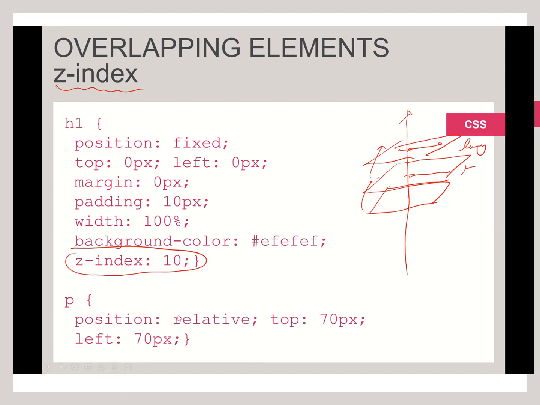All the paragraphs have the same relative layout. So that means to the top we allow 70 pixels, and to the left shift right 70 pixels, shift down 70 pixels. So we allow some margins in between paragraphs and headings and between paragraphs. Okay, this is the idea.